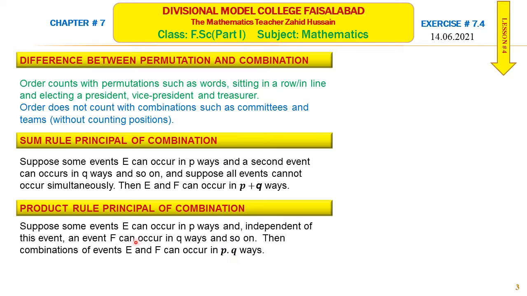If there is the word and between two events, then you will multiply the combinations of those two events, and if there is the word or between two events, then you will add the combinations of two events, where P is equal to nCr1 and Q is equal to nCr2.